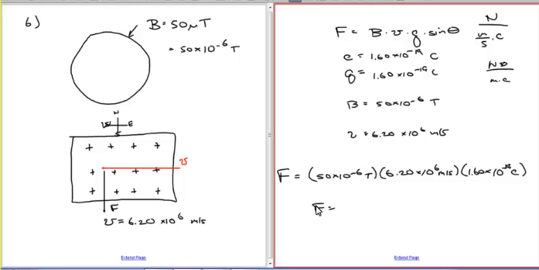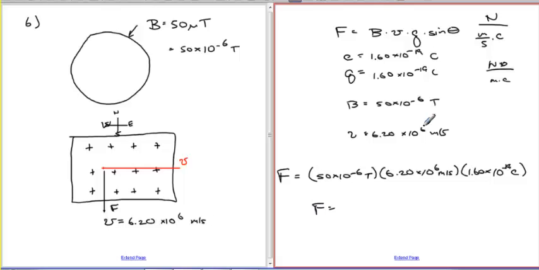It's probably going to be a small number because it's a proton. Now, if it was an electron, the force would be in the opposite direction, so it would be pointing up instead of down.